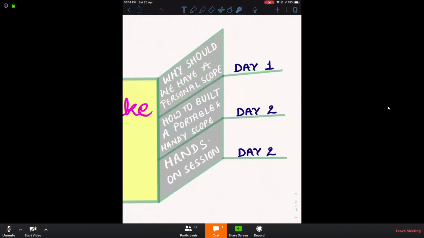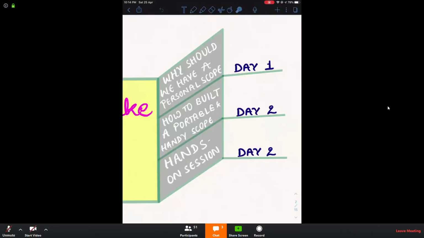We do have an oscilloscope in our college for labs, and we have one separate oscilloscope for electronic stuff as well. But why am I focusing on a personal oscilloscope? Why am I saying that every student should have their own oscilloscope?